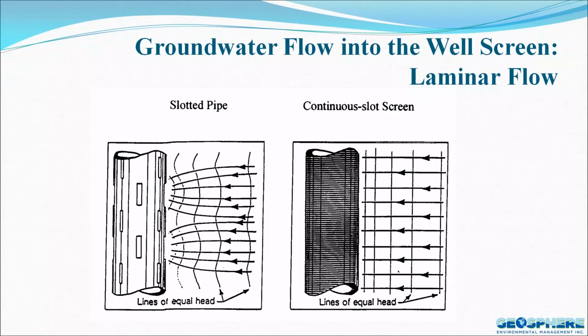So we have two examples, one on the left, one on the right: a slotted pipe, which can also be the same as a shutter screen, but it's a slotted pipe. And on the right is a continuous slot screen, which is the type of screen that we use now. What's important here is to look at the arrows, the flow paths going into the openings in the screen itself. For the one on the left, we see that it's not very uniform. We get particles of water banging into each other, all trying to get into that little slot in that pipe.